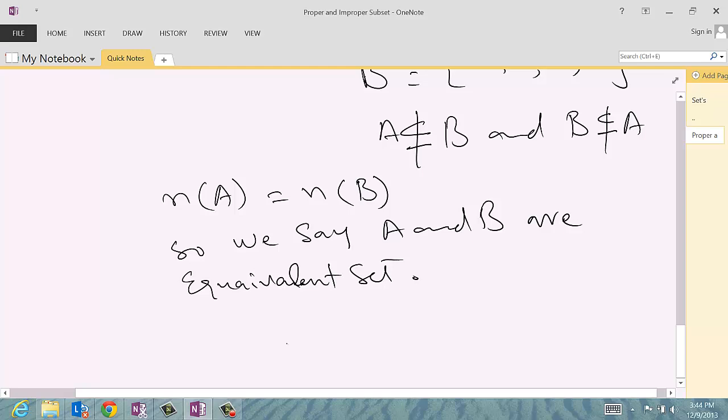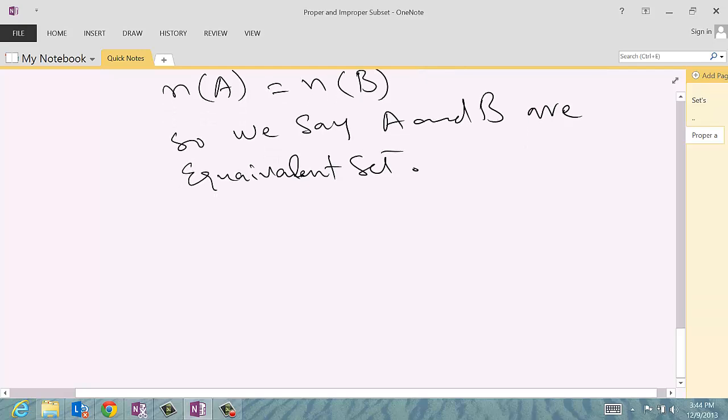So this difference should always be remembered, that in equal sets, both of the sets must have the same elements, but in equivalent sets, the number of elements in set A must be same as number of elements in set B.